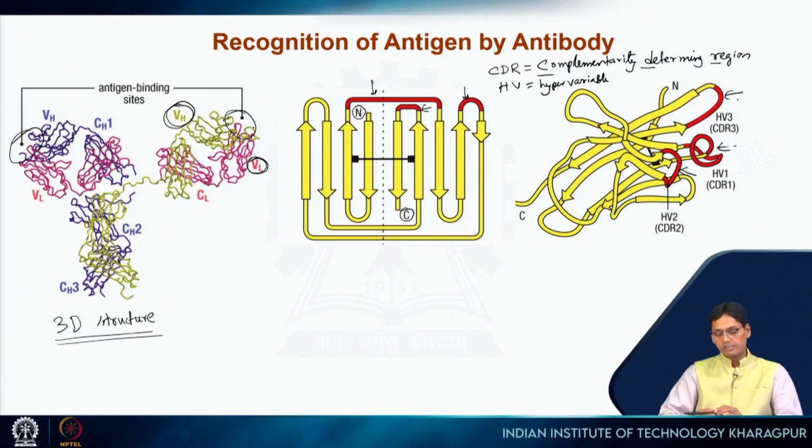Now the question is, I mentioned that antibodies can be of countless different types. They can capture different types of antigens. So their features in these loops should be different, right? Now something interesting is coming, because as you know, we have approximately 20,000 protein coding genes.